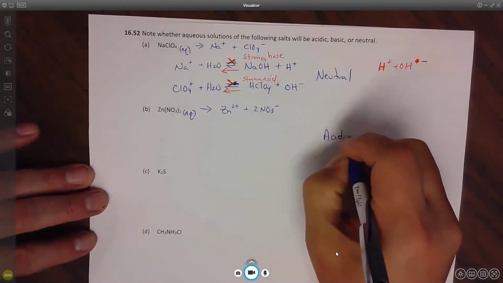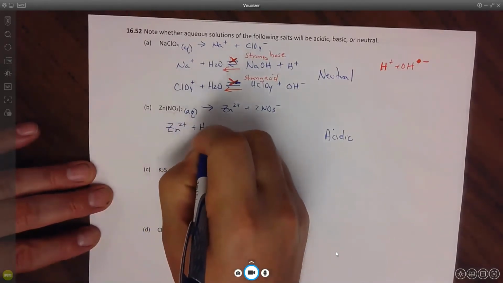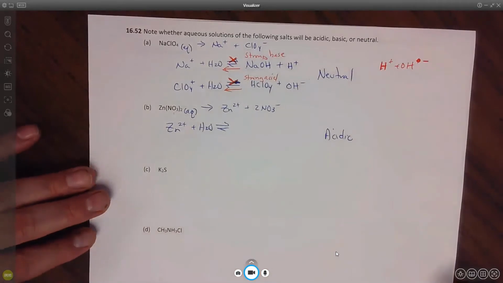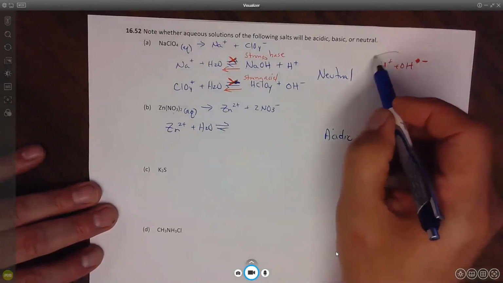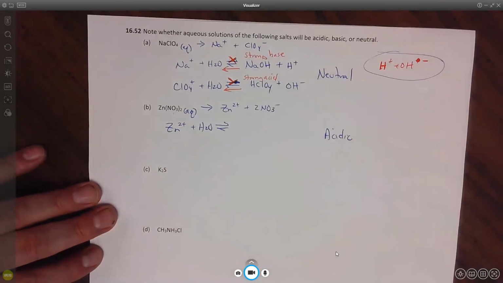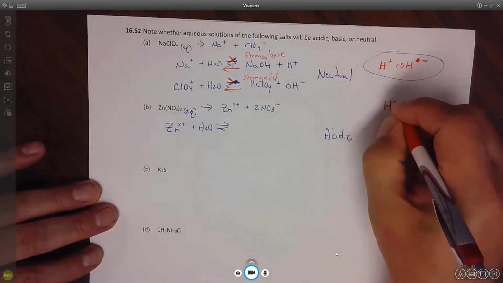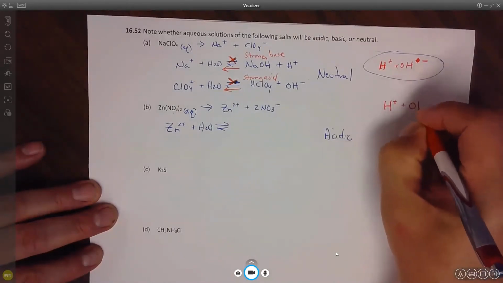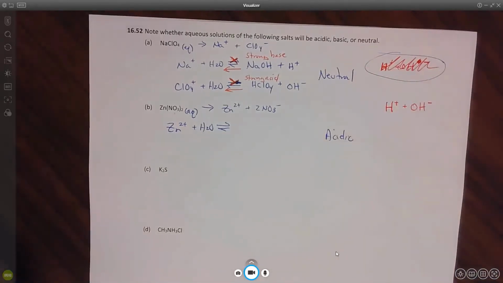So let's look at why. When I throw the zinc in, it's going to hydrolyze to form what? It's always easier to think of water like this when we're dealing with salts. I'm trying to think about what gains and takes away from the H. Would it be zinc? No, zinc 2 hydroxide. Hydroxide.